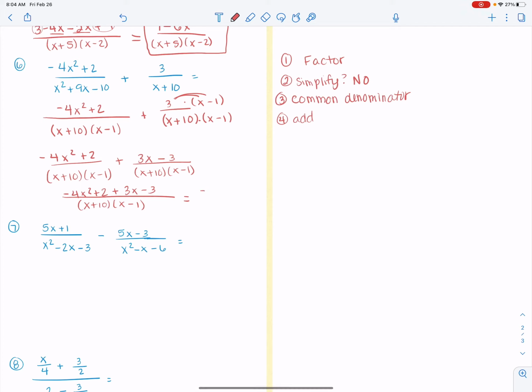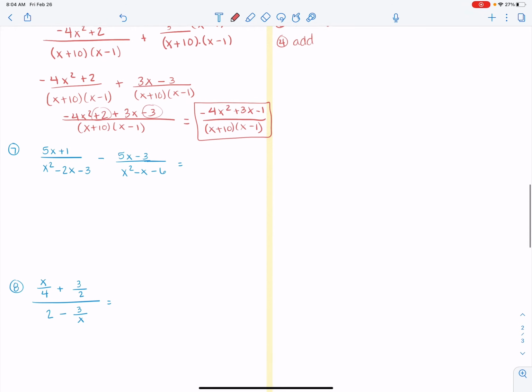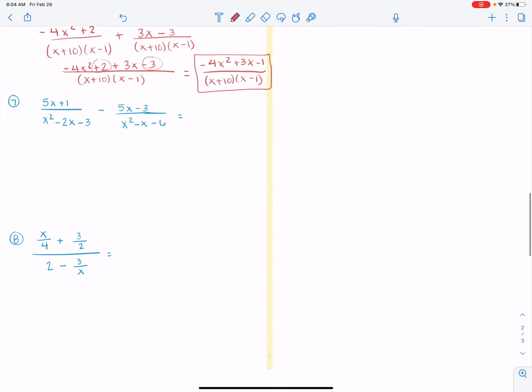So I have negative 4x squared plus 3x, and plus 2 and minus 3 will give us minus 1, all over (x plus 10)(x minus 1). And there's nothing else I can do to simplify that because the top won't factor. So that is it. Remember, I could multiply the denominator out, but for today we're just going to leave it the same.